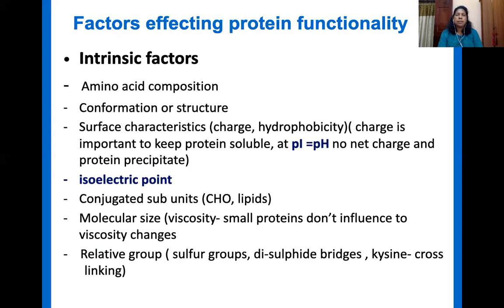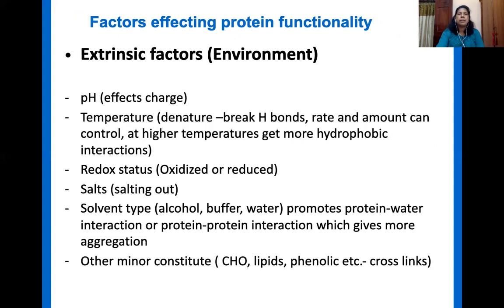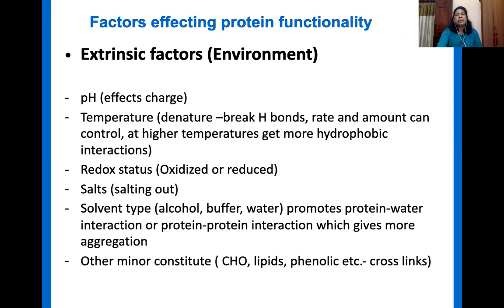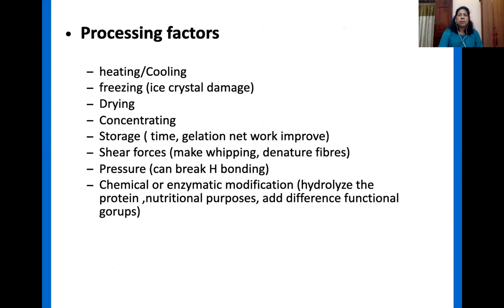One is intrinsic factors. The other is extrinsic factors. The intrinsic factors are the factors of the protein as it is, as a molecule inside the protein. Extrinsic factors are the changes we make from the outside to the protein molecules.